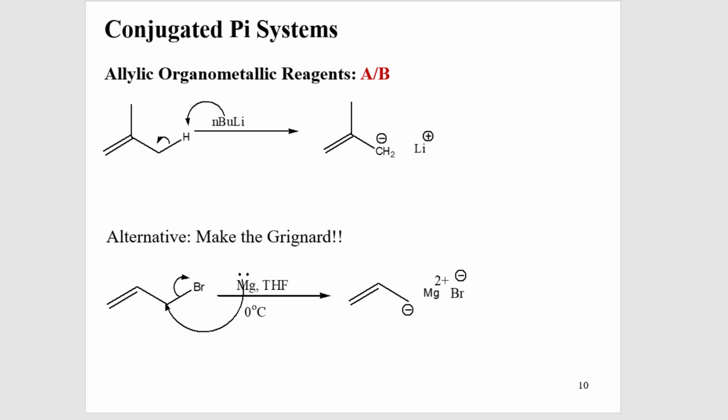If we considered the acid-base reactions, where the base deprotonates the allylic proton, that is far more reasonable than trying to deprotonate a proton that is not conjugated. Remember, alkane pKa is around 50?